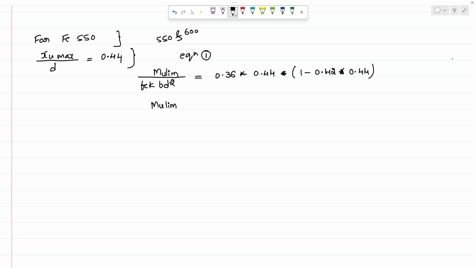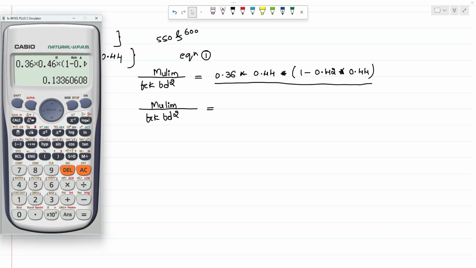So mu limit divided by FCK BD square equals, let me simplify this. So I will use the calculator. So in the above equation, instead of 0.46, it is 0.44. So it is 0.129.